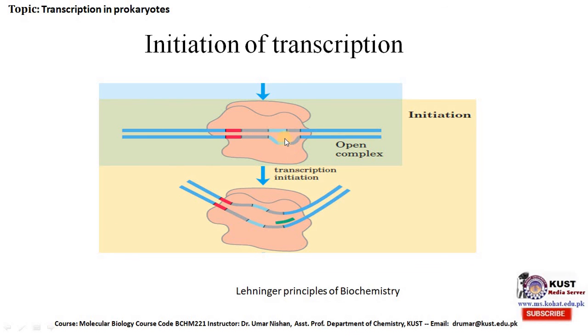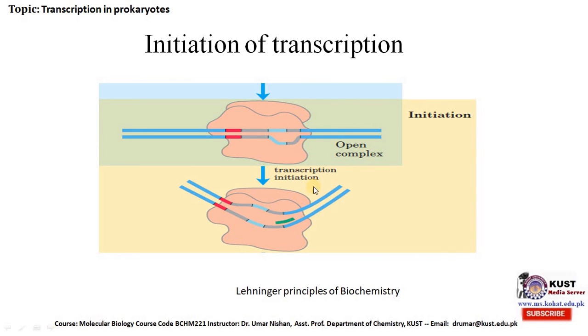But here in initiation, one can see a 12 to 15 base pair region of DNA, from within the -10 region to position +2 or +3, is then unwound to form the open complex.